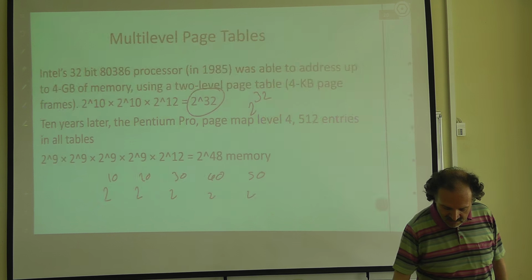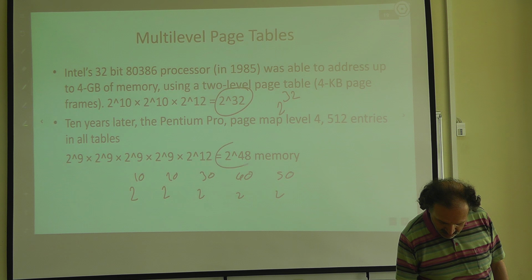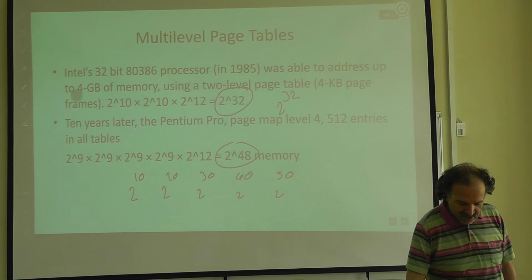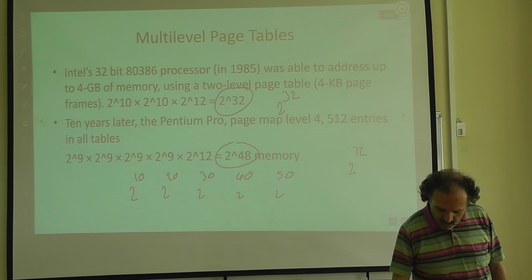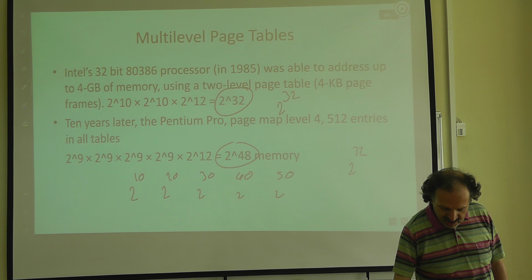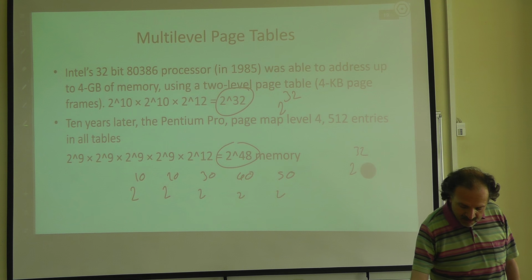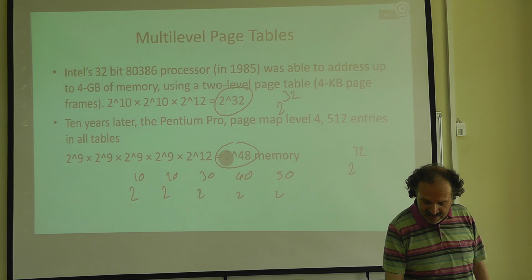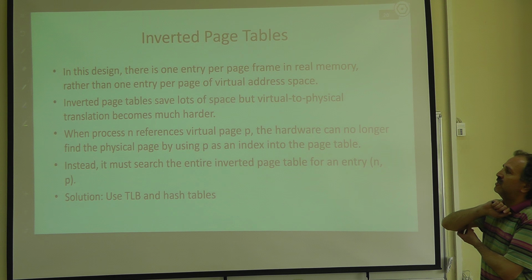This is a very large number, but this is not a very large number, 4 gigabytes, 2 to the power 32 compared to this one. If I have a page frame table of this size, it is much better than that. That's what inverted page tables are doing.